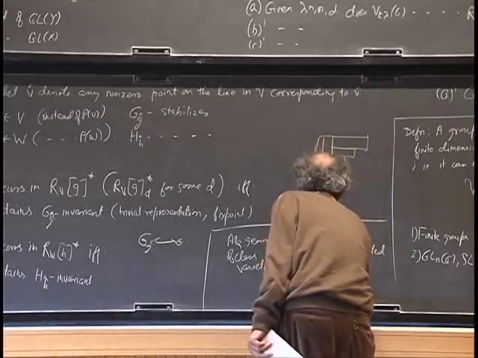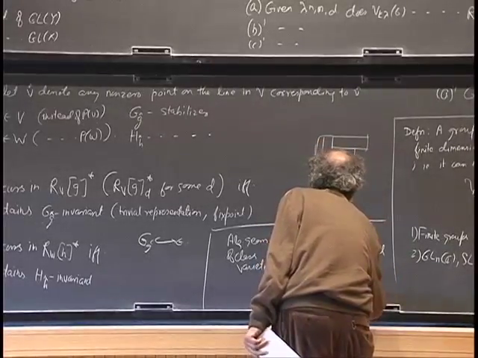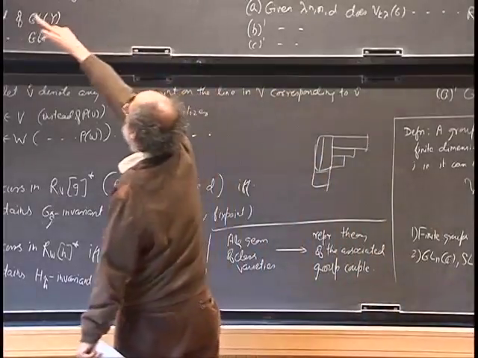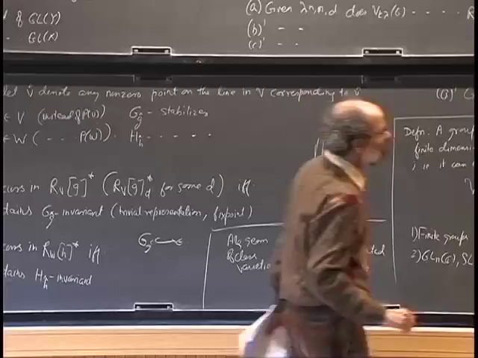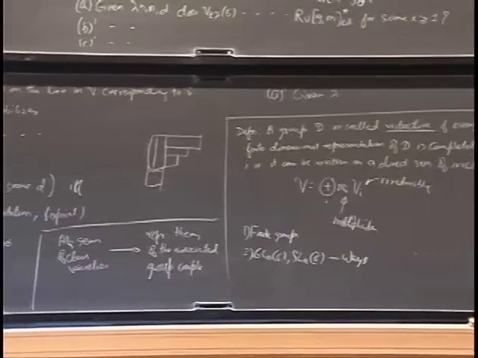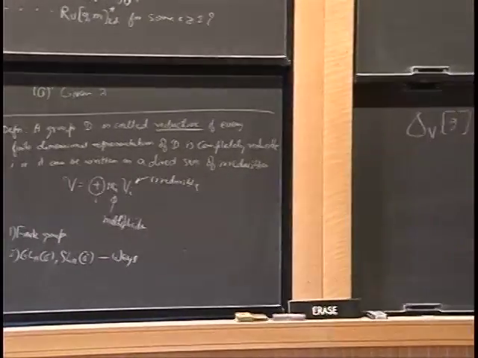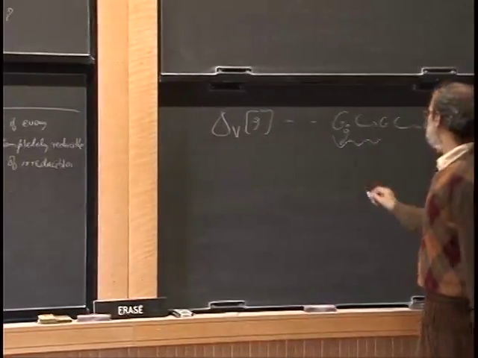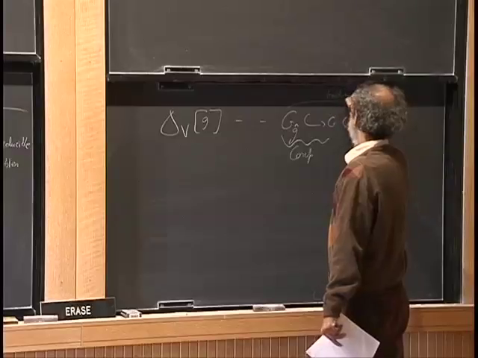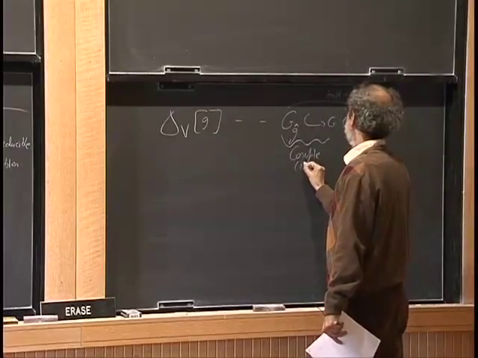What do we mean by group couple? For example, with delta Vg, we associated a group triple yesterday, which is G hat inside G inside K, correct? This is called the triple, and this is the first couple, and this is the second couple.